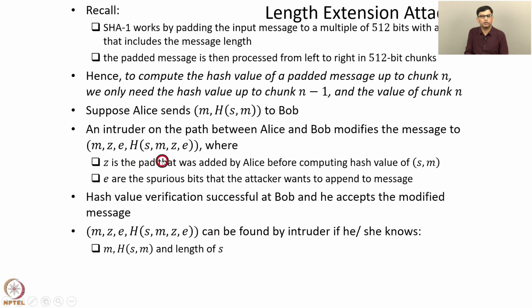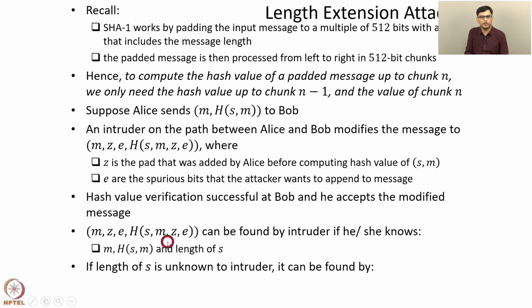That is because the length of the message that is hashed is encoded into the low order 64 bits of the message, as we saw during our discussion of SHA-1. So the intruder needs to know the length of the secret string S in order to calculate the pad that needs to be added to the message, that is the pad Z.